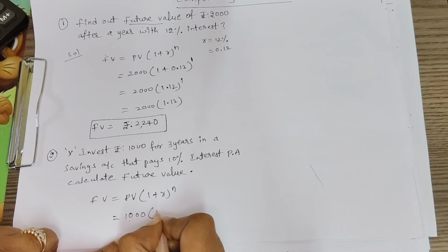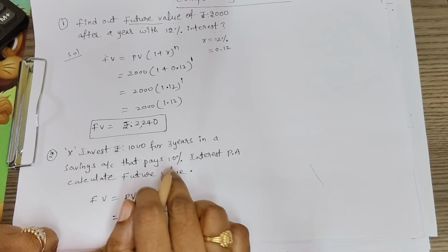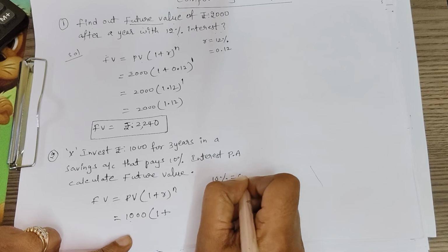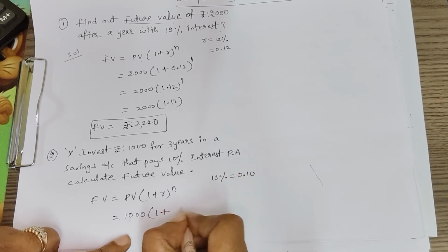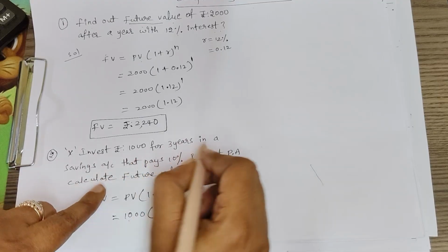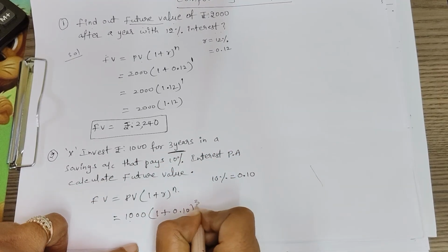1000 into 1 plus R. What is the R value? Rate of interest. So rate of interest 10% will be converted into decimals, that is 0.10, to the power of n. n is equals to the number of years. How many years? 3 years.